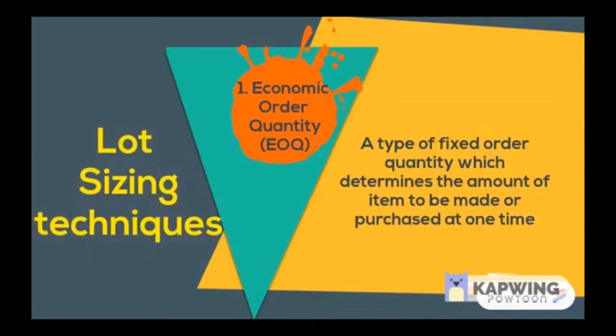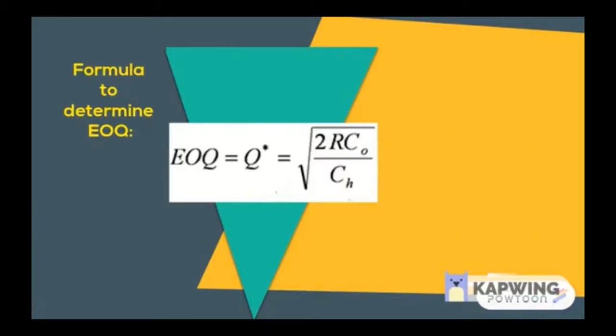The first one is Economic Order Quantity, or EOQ. It is a type of fixed order quantity which determines the amount of item to be made or purchased at one time. There is a formula to determine the economic order quantity.